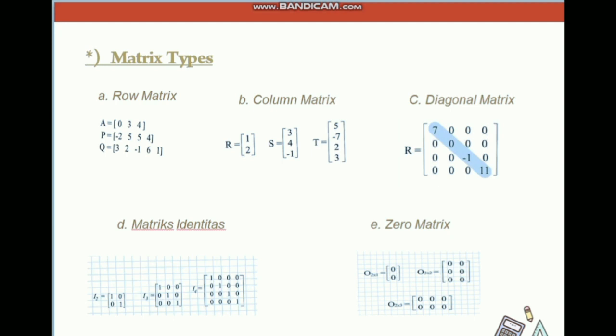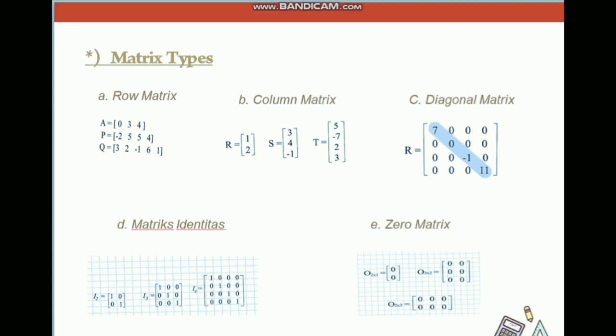C. Diagonal matrix. A diagonal matrix is a matrix in which elements other than the main diagonal are 0. We can see clearly that all the non-diagonal elements are worth 0. D. Identity matrix.